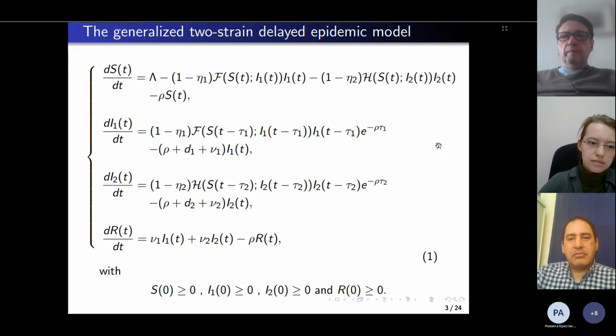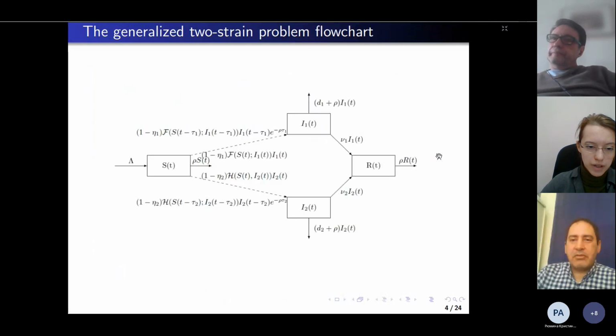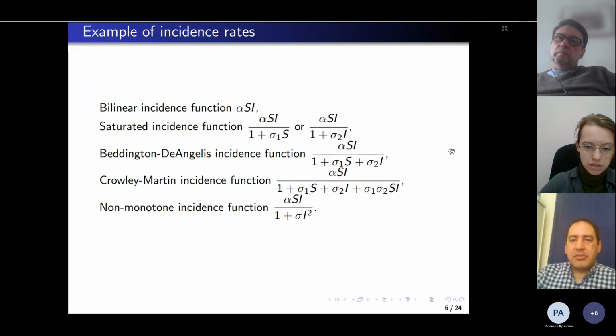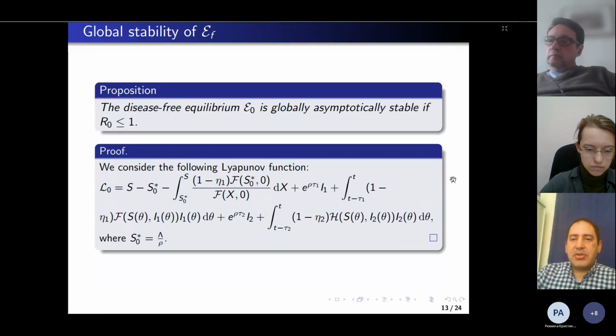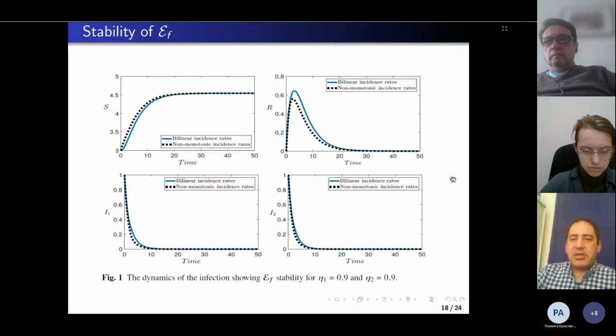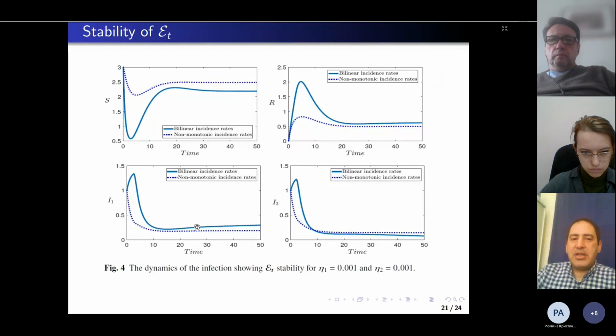And why are the cases I1 and I2 not symmetric? You chose some parameters that are not equal for these cases. Yes, I will go to the slide showing the numerical simulation. You have asked me why I1 and I2 are not symmetric.